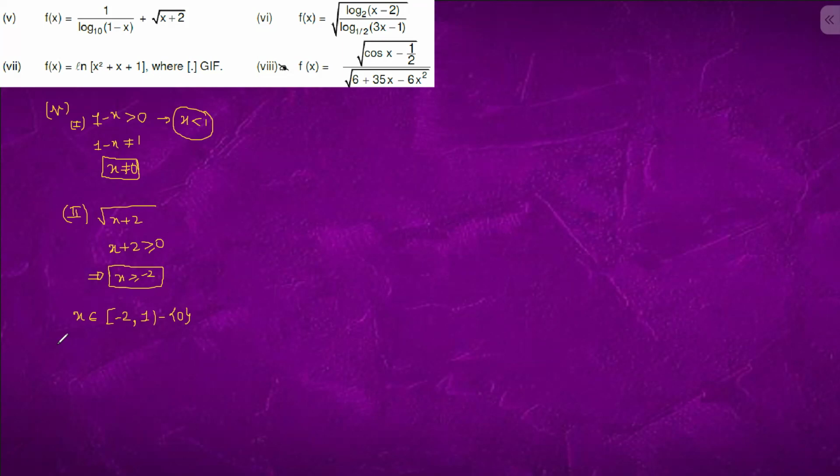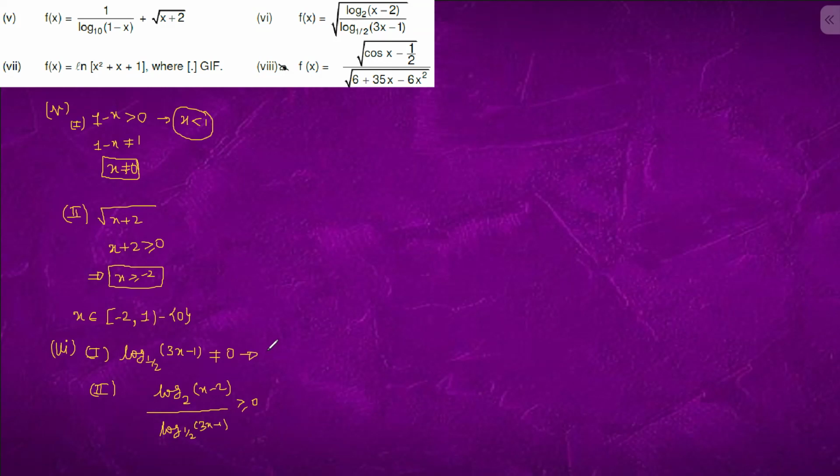So we'll proceed with question number 6. First case, log, 3x minus 1 should not be 0. Second, log x minus 2, and this should be bigger than or equal to 0.